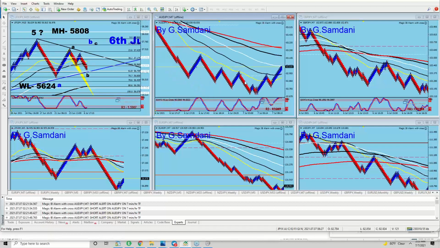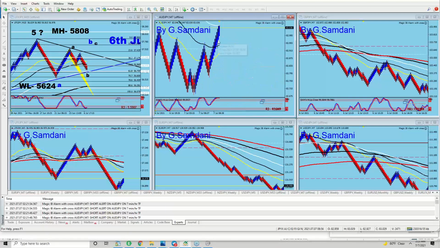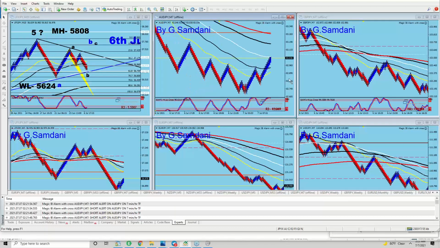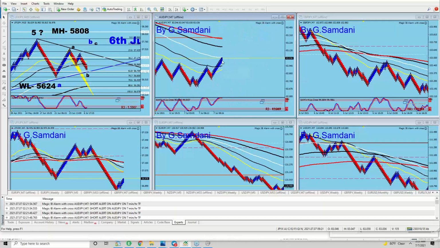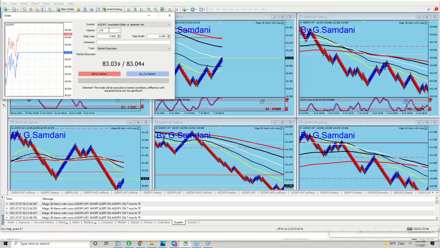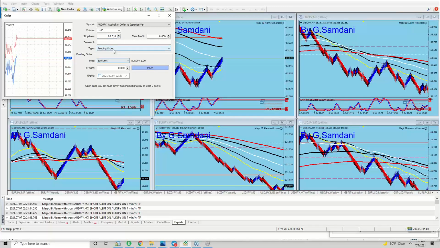And as soon as I get something like this, start red candles, a couple of red candles, I can open the trade here, right there. Or the other way is that I say, okay, this is expected short here. All right, so I'm going to put a new order, for example, right? And I'm going to put it a few pips below the current. No, first you have to change the pending order and make it not buy limit, but sell stop, right?